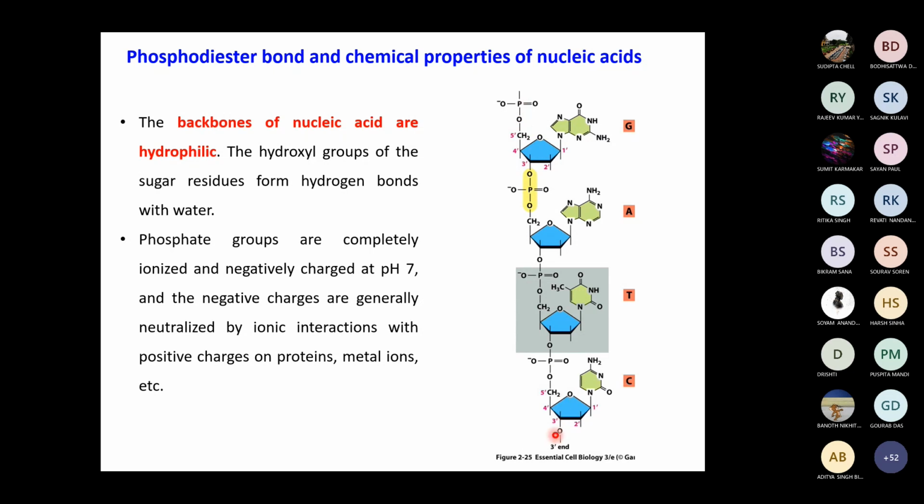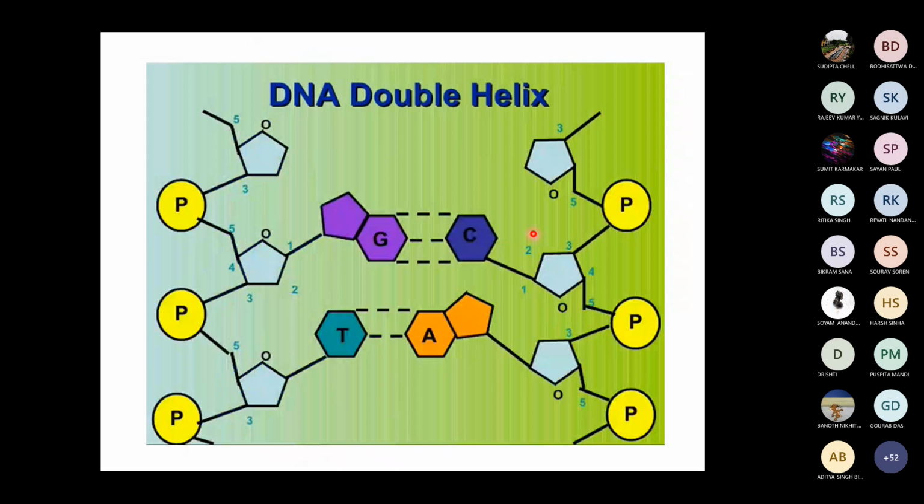You can see this way, just see in this structure also how these rings are moving. This sugar is on the upper side, 3' to 5'. Here it is on the lower side. You can see the oxygen is pointing down. Means the 3 number carbon of the sugar is lower, the 3', and the 5 number carbon of the sugar is upper, the 5'.